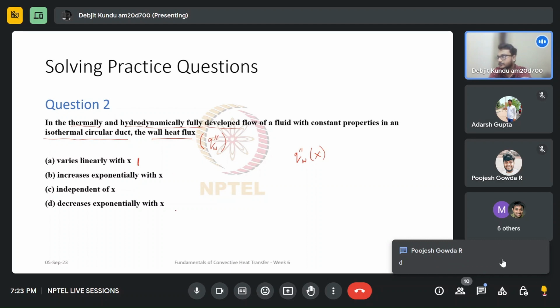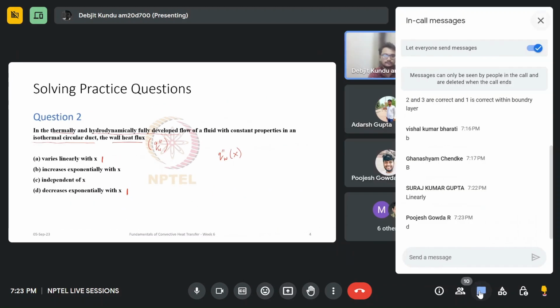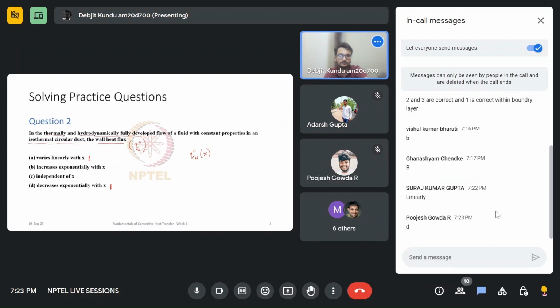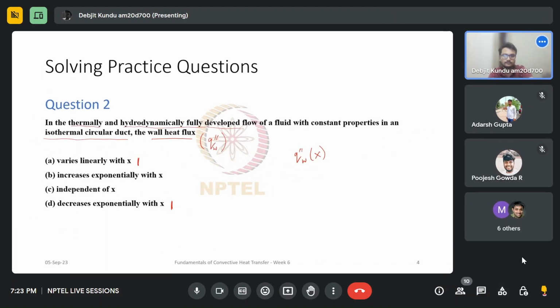Option D decreases linearly with x. So we have two responses so far. Let's see what others have to say.